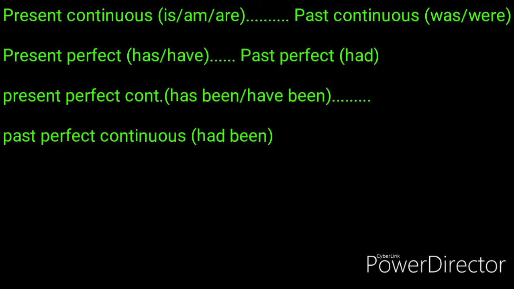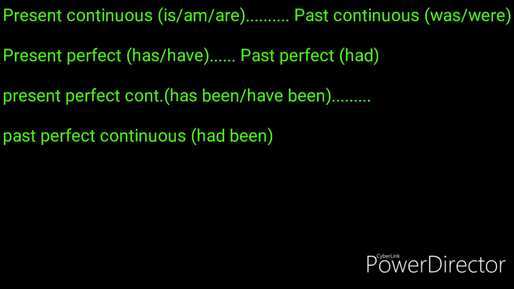And present perfect continuous tense is changed into past perfect continuous tense. If there is has been or have been in reported clause, we change that into had been. So this is very important rule or tense from which questions are asked in the examination. Remember or learn these things after writing in your notes.